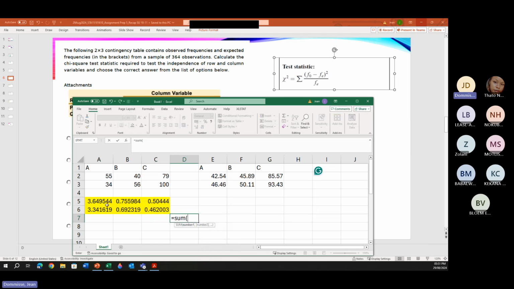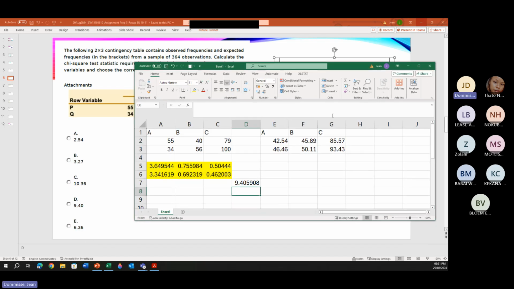Then I would just say the sum of those numbers. And hopefully there is one that is linked to it, 9,4. So if we round this off, okay, so 9,41, 9,40. So option D would be my answer.